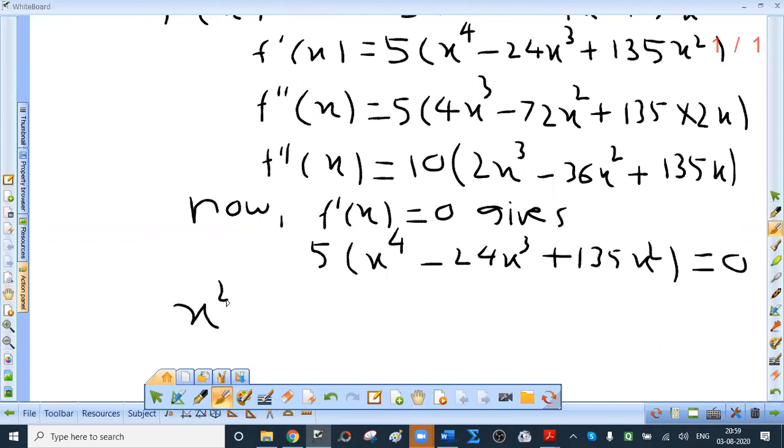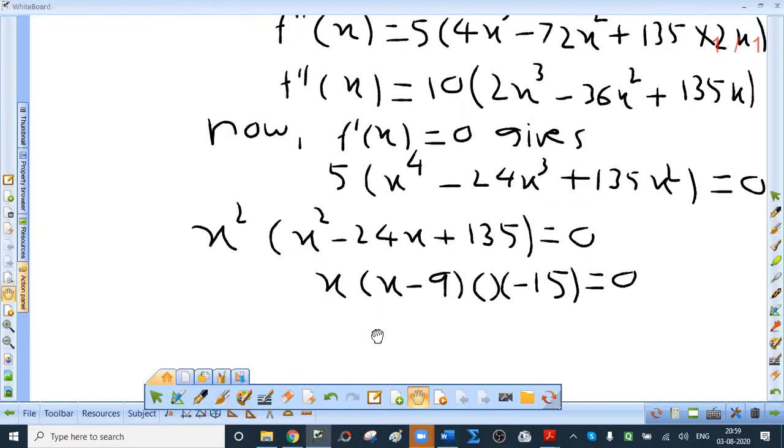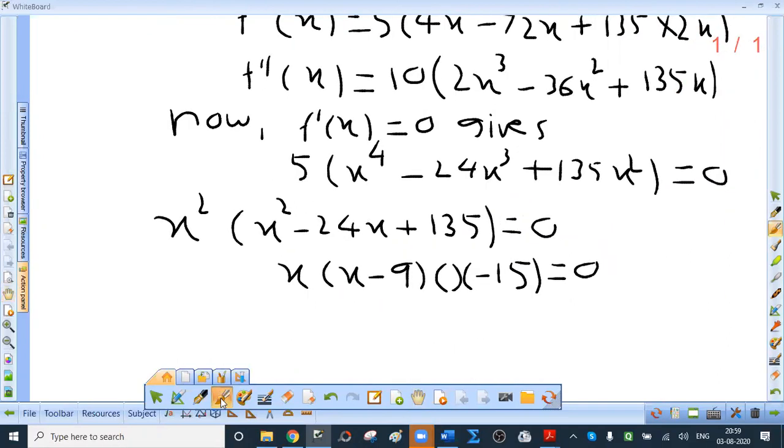So if I take x square common, then x square minus 24x plus 135 equal to 0. So what are the factors? x minus 9, x minus 15 equal to 0. Therefore, x is either 0 or x is 9 or x equal to 15.